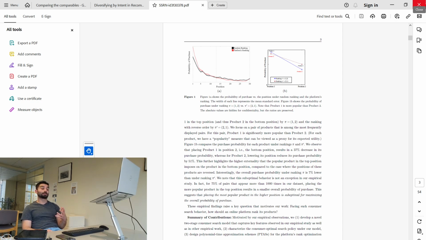You can see this in the synthetic data, the black curve. Still, the ones who are at the top position are selling more.